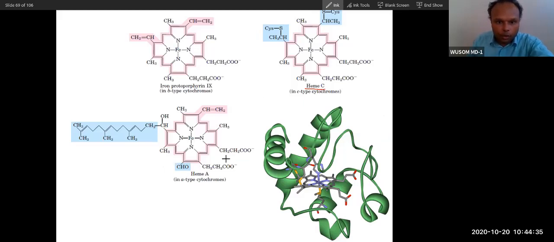Why do we name heme C? We sometimes name heme A1, heme A3. A B-type cytochrome has a different type of heme. The difference is in the organic part of this tetrapyrrole.